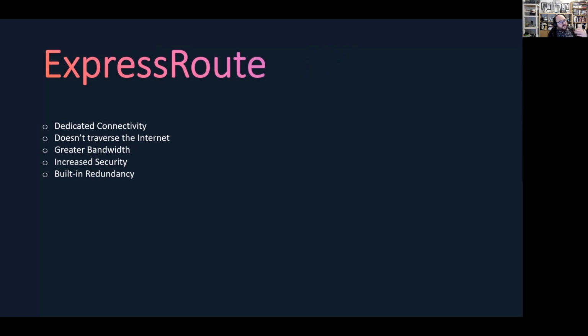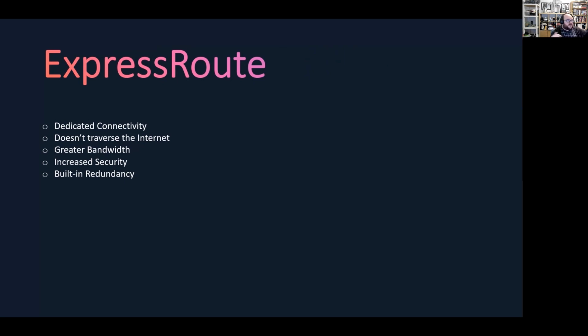The ExpressRoute doesn't have to be just for Azure. You can use it for things like Dynamics or Microsoft 365. And you can also use it to connect different offices. So if you have an office in Europe and an office in Australia, you can have ExpressRoute connections into Azure, but your ExpressRoute connection in Europe is going to West Europe, and your ExpressRoute in Australia is going to Southwest Australia.